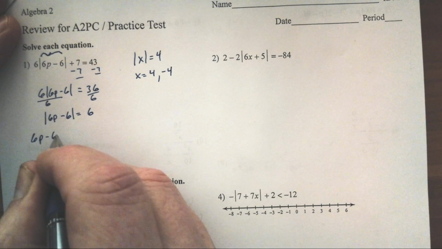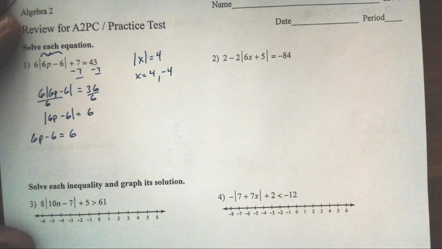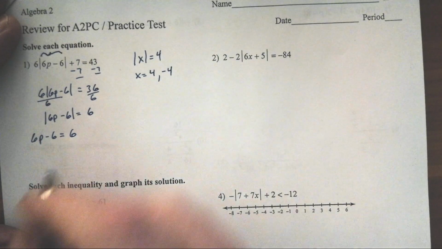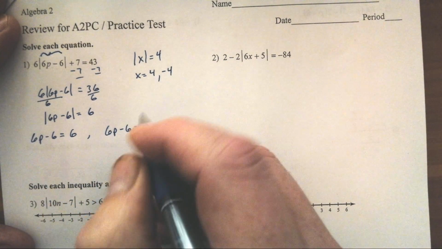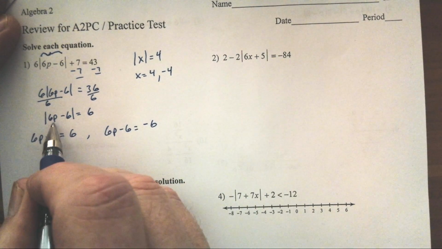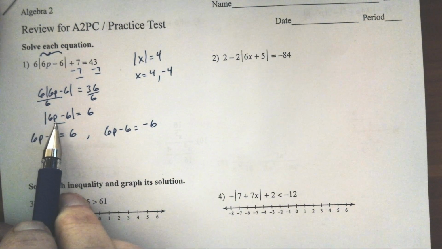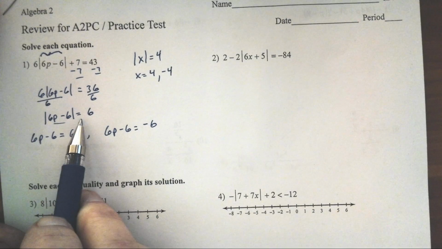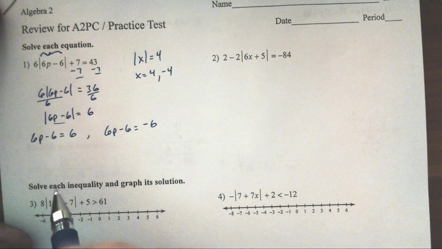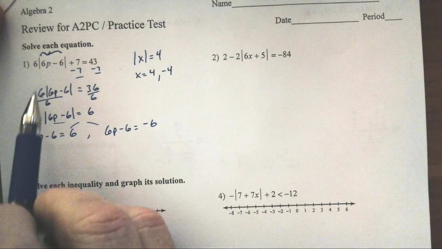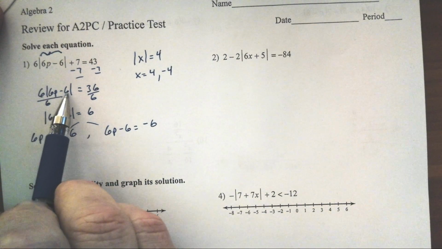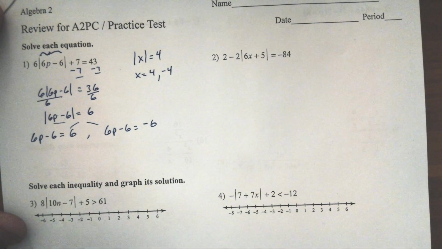6p minus 6, maybe it's 6 and the absolute value doesn't come into play, but if it was negative 6 inside of here, the absolute value would clean it up, and of course that would make the solution 6. So now it just turns into two separate equations. So our steps are we isolate the absolute value, and then we split into two separate equations.